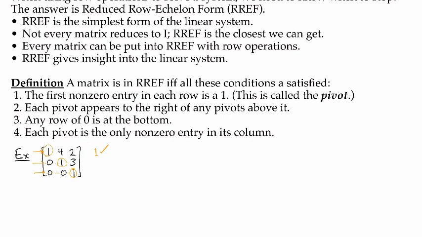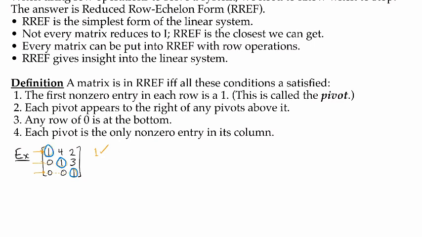Let's look at the next one. Each pivot appears to the right of any pivots above it. I just circled the pivots in the previous step, and this pivot appears strictly to the right of the pivot on the line above it.